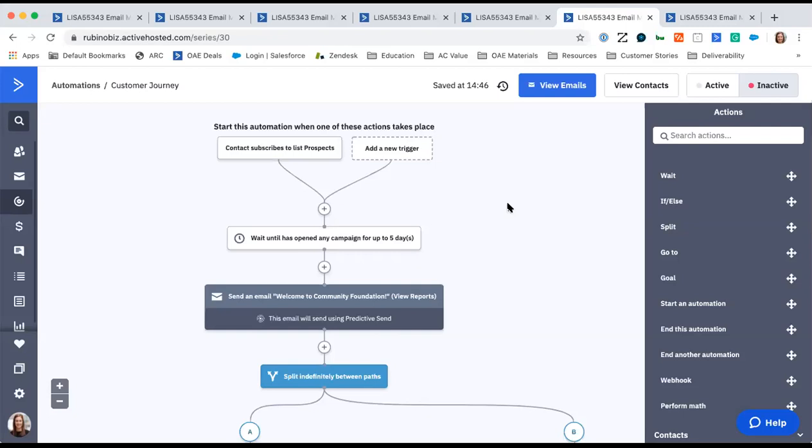We want to set you up with best practices. I know this isn't the most direct answer. I'm not an expert on our deliverability, and I would love to send you some information afterwards. There are quite a few, not necessarily workarounds, but practices that we have in place to ensure that emails are going to the inbox.